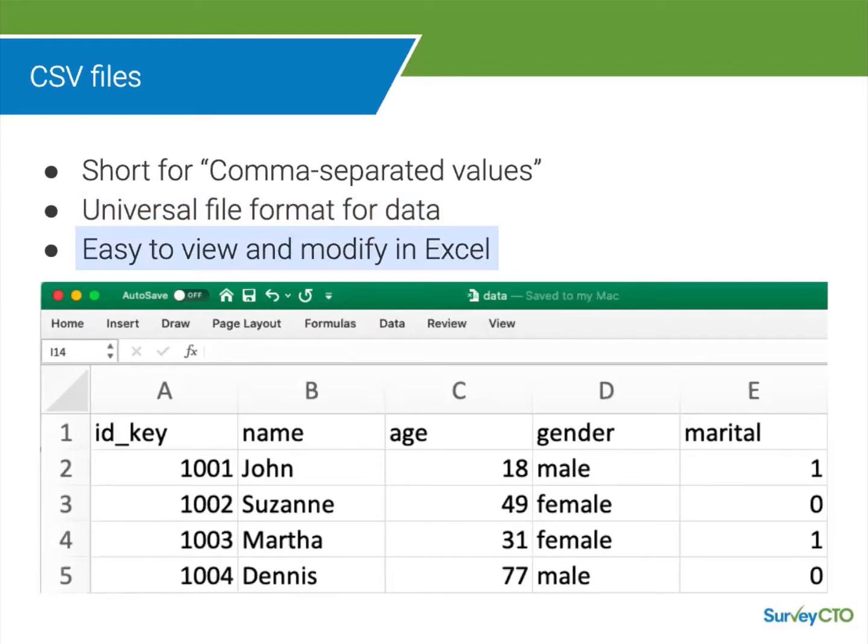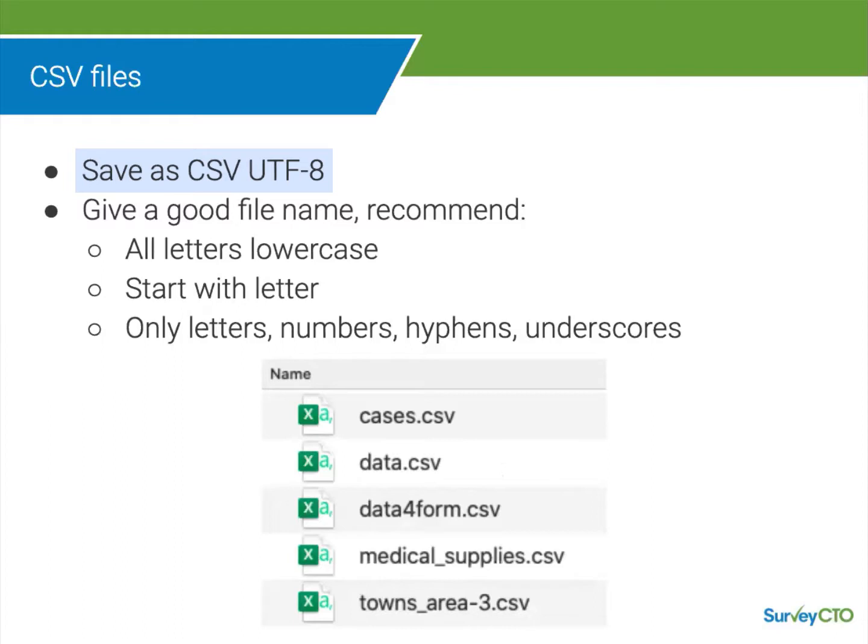When creating a new CSV file, many people like to use Excel, including myself, but there are lots of ways to create a CSV file. Use the method that works best for you. If you are creating a CSV file in Excel, be sure to save it in CSV UTF-8 format.